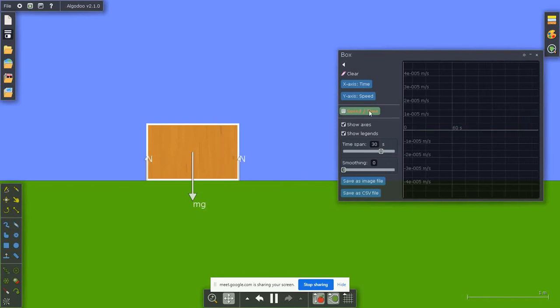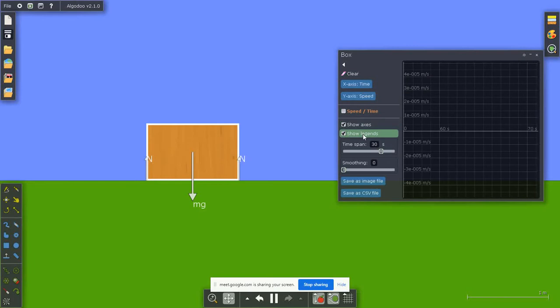We can show the legends. Legends are the x-axis and y-axis. I need to plot it.